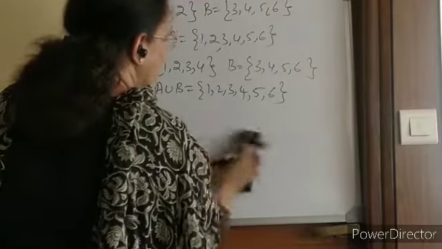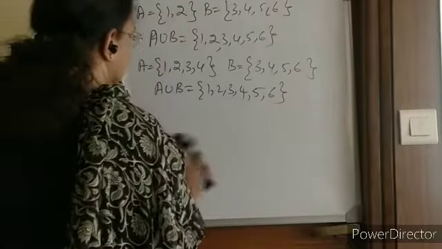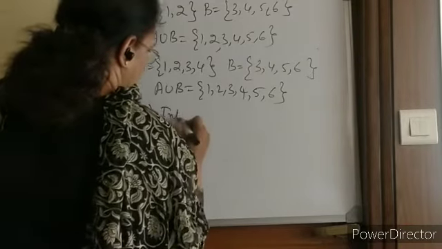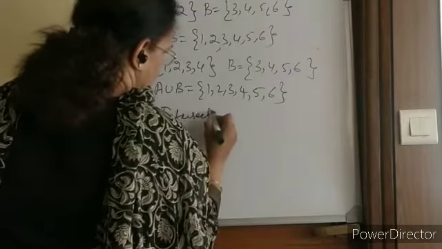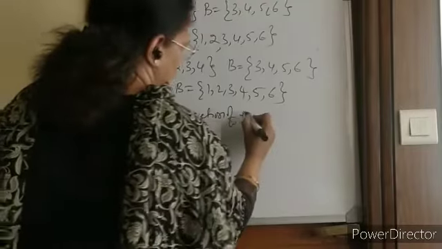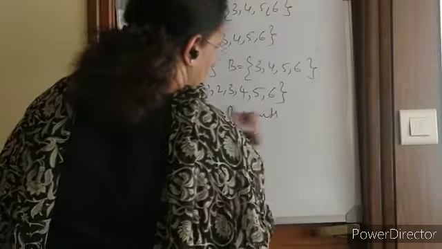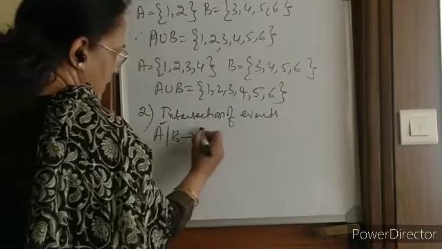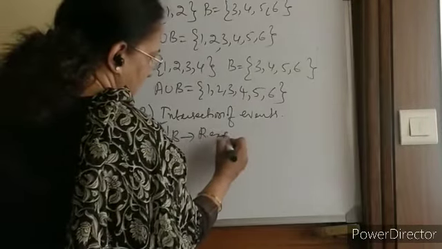The next one is what is called the intersection of events. Same definition: let A and B be any two events of a random experiment.